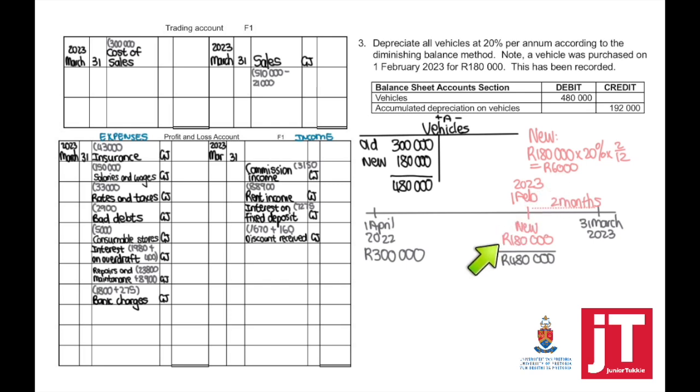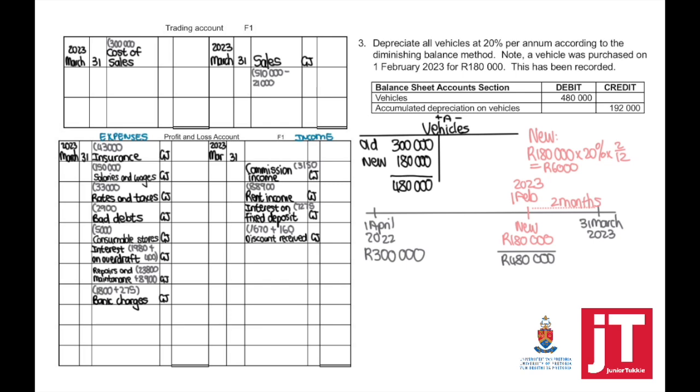So when we purchase the new, we purchase it on 1 February, which means we need to calculate it for 2 months. Depreciation was calculated at 20% per annum, which means we need to take 180,000 times 20% times 2 divided by 12.